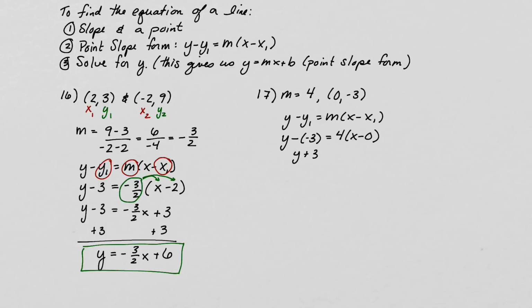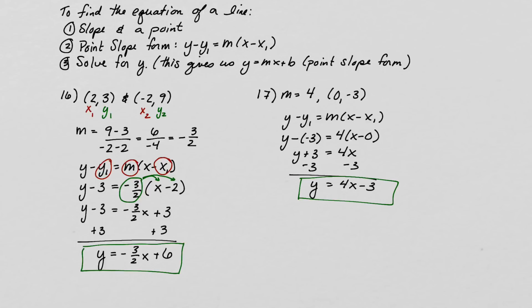So y plus 3 is going to be 4 times x, because 4 times 0 is just 0, so I don't have to write that. Now I'm going to subtract 3 from both sides. So y is going to be 4x minus 3. And that is the equation of the line.